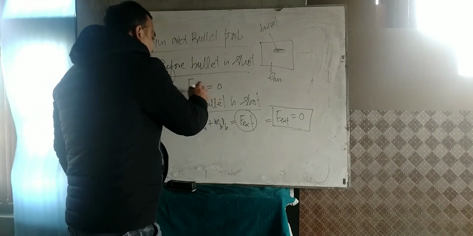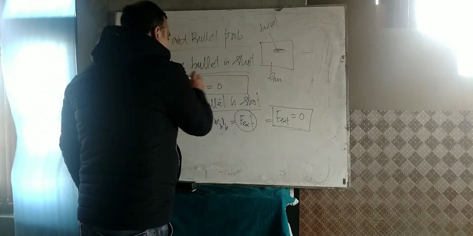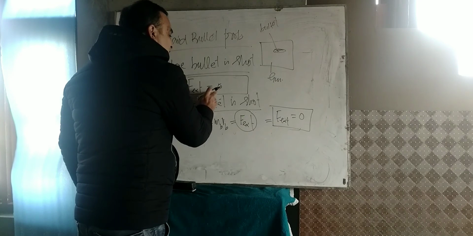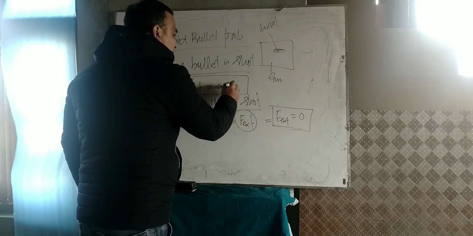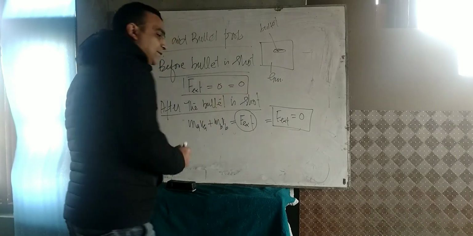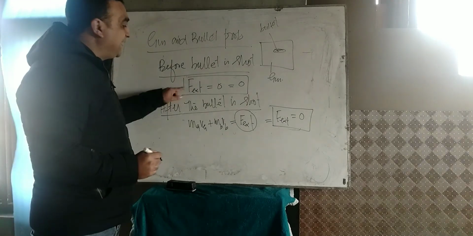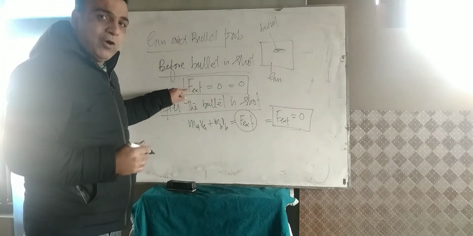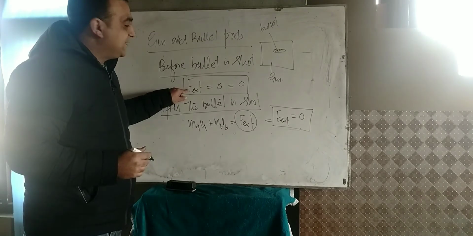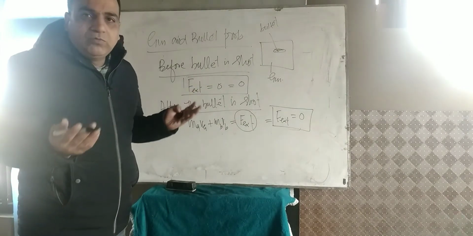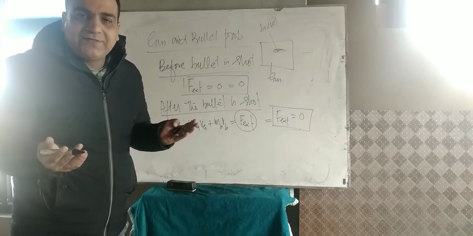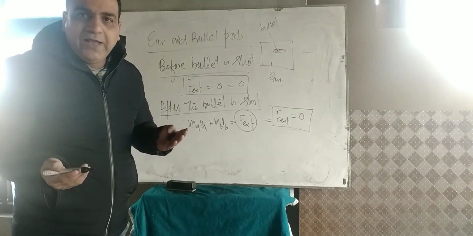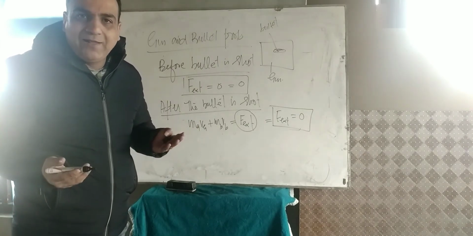So, from this equation, what is the net momentum of the system? That is 0, because the net external force before the bullet is shot is equal to 0. Everything is at rest. The bullet is not going out. The gun is not coming back.